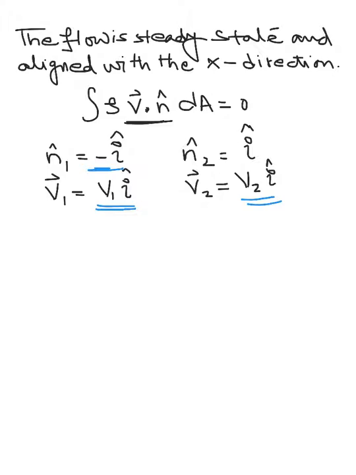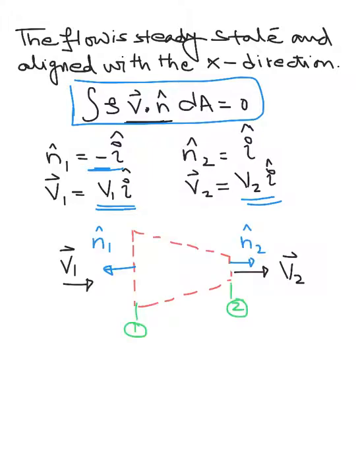Next I will apply the conservation of mass equation at each interface of the control volume, starting with control surface 1. I put inside the integral rho 1, then v1 as the magnitude along with the vector i, and n cap is n1, which is minus i, and the area is dA1.